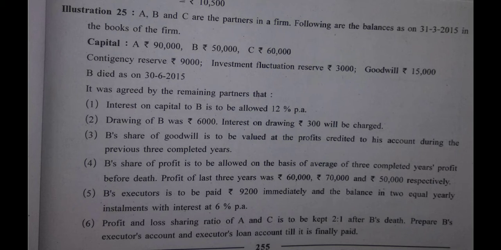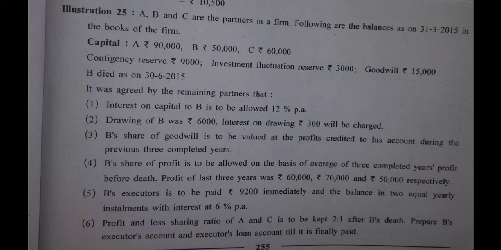How many months? 4, 5 and 6. Only 3 months. So his share in profit will be calculated on such basis, and also interest on capital, like I have explained in theory.